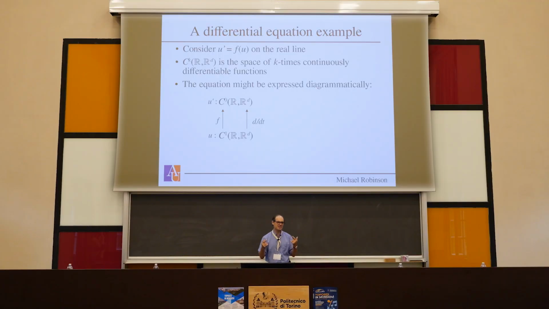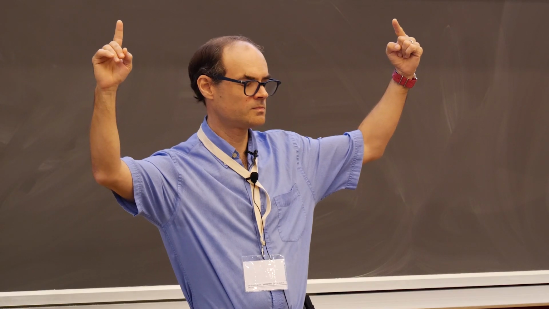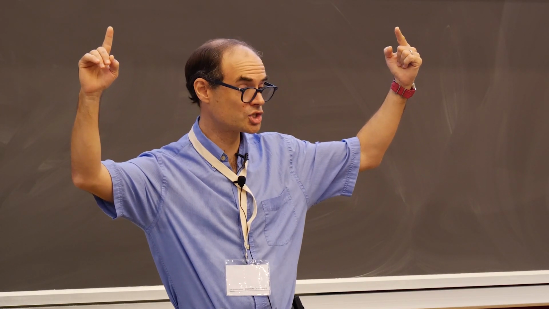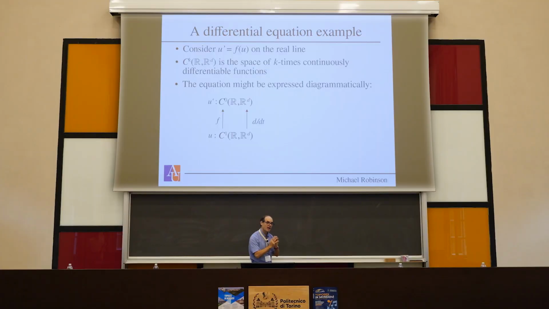Of course, on the other hand, this is an equation, so really we're looking for an equalizer. Find something in that bottom object, a function that has one continuous derivative, that when I take the derivative, it's equal to what happens when I take the action of that function f. And they both should agree everywhere on the real line. That would be a solution to the differential equation.